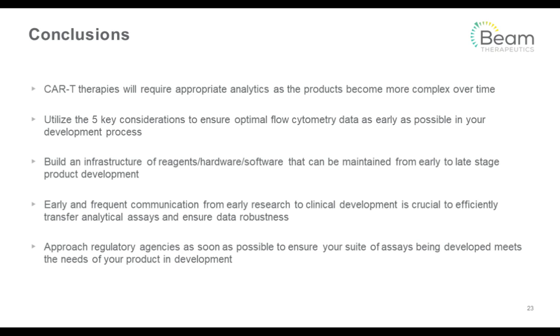So earlier research groups tend to have a lot of ability to pivot and change, say, panels, et cetera. But as you solidify and lock these SOPs in place, it's extremely challenging to start generating really extensive manufacturing run data, make changes, and be able to use those previous runs for, say, regulatory filings or important decisions that are going to have an impact on your product development long term.